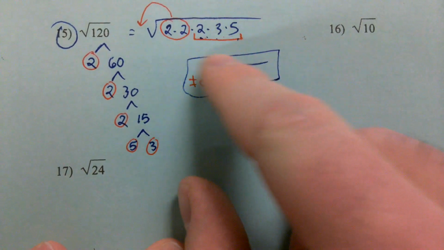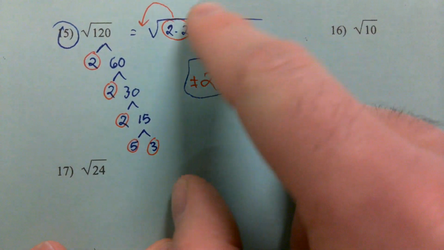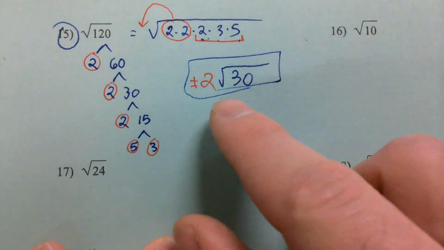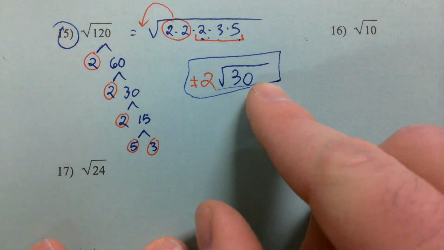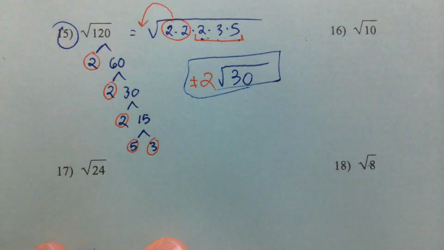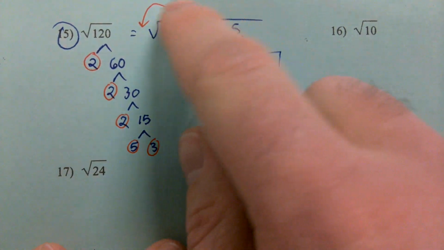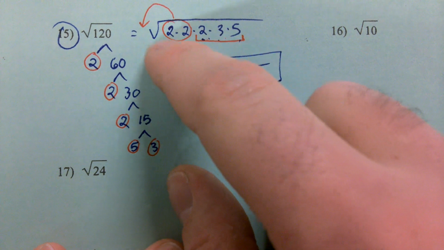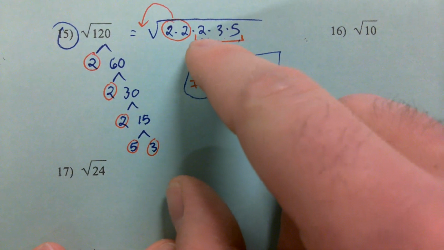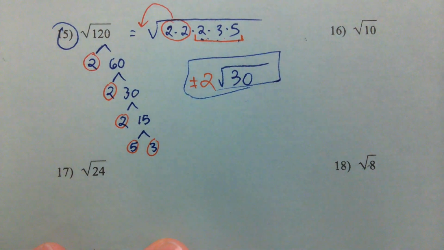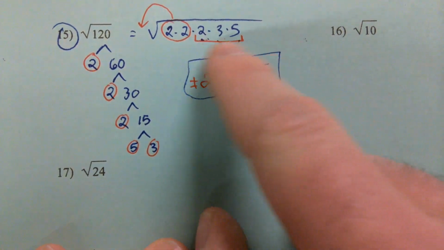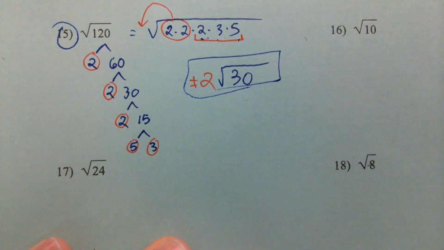Whatever's left over, all my little stragglers, my non-paired numbers, have to stay in the square root, and we just re-multiply them back together, like we did in the warm-up with number 2. You can't bring out triplets, only twins. That third triplet's got to stay inside the square root with its other, I don't know, cousins or whatever.